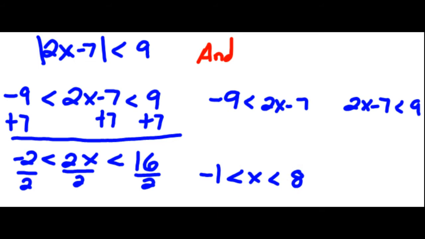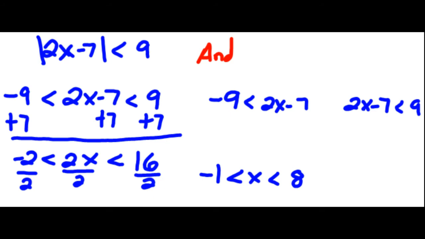Okay, so we end up getting x is less than 8 and greater than -1. We would have come up with the same thing had we solved both of these individually. If you prefer to do it that way, that's fine. This could be a faster method for you, though.